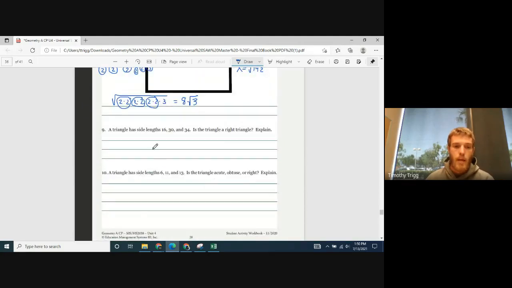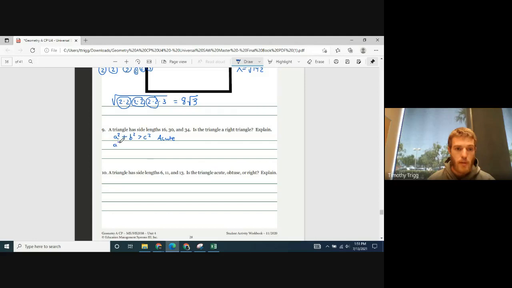Okay. A triangle has side lengths 16, 30, and 34. Is the triangle a right triangle? So remember, if a squared plus b squared is greater than c squared, then this would be acute. Remember we talked about that?